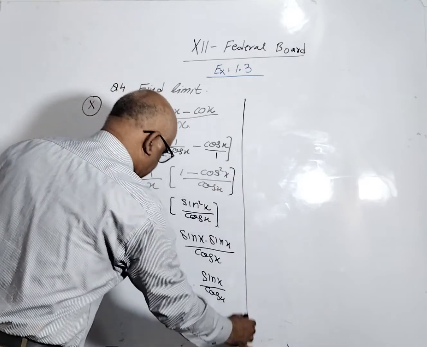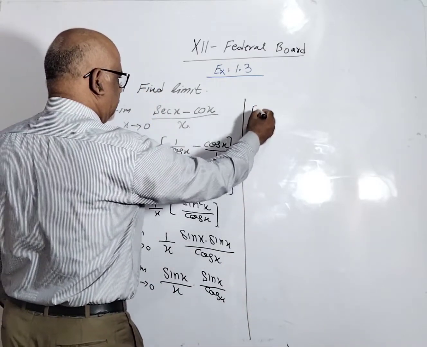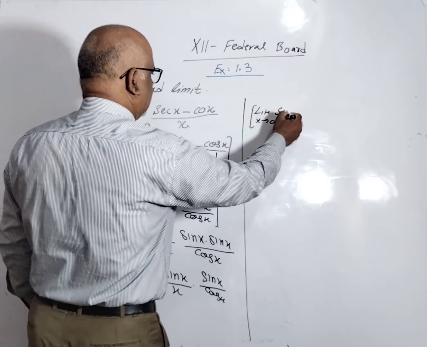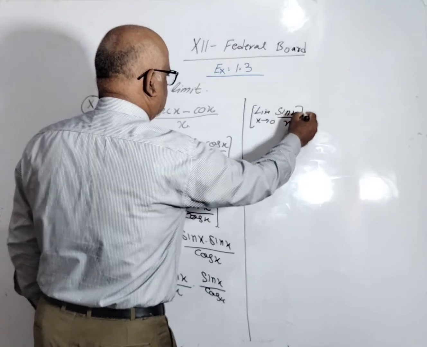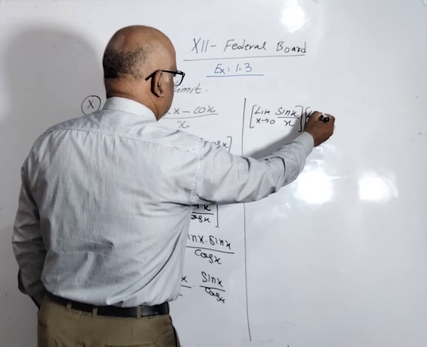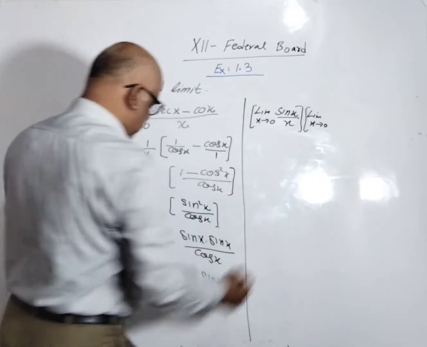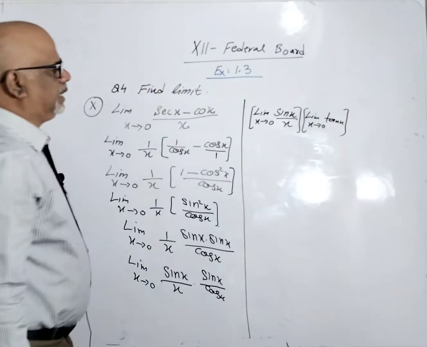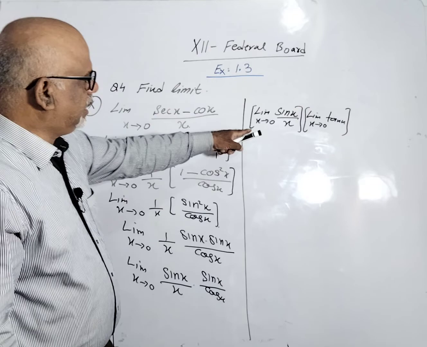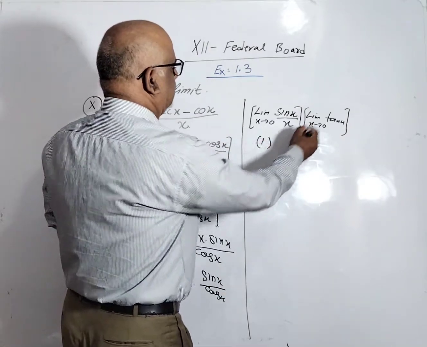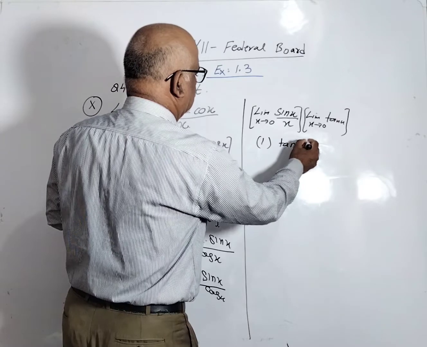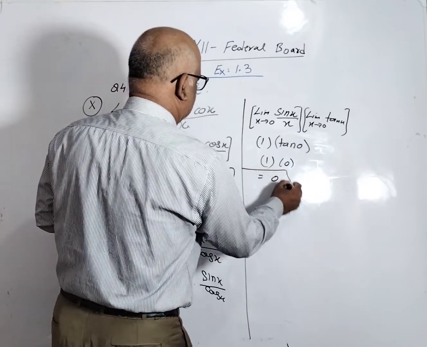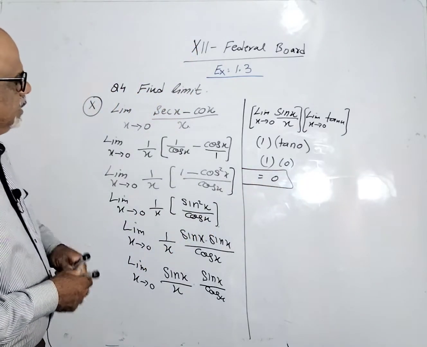Now we write limit x tends to 0 of sin x over x into limit x tends to 0 of sin over cos, that is tangent x. Now we apply the limit, and by the sandwich theorem the first is 1, and tangent 0 is 0, so the whole result is 0. The limit of this function is 0.